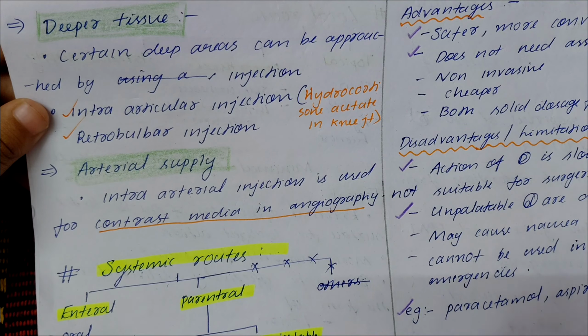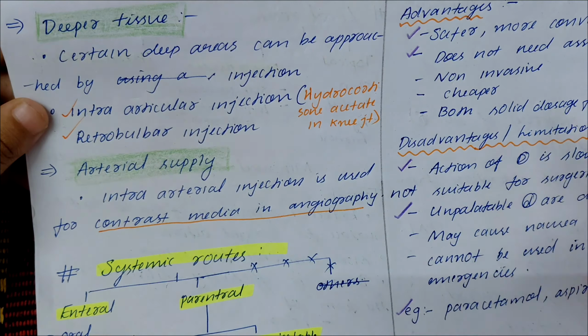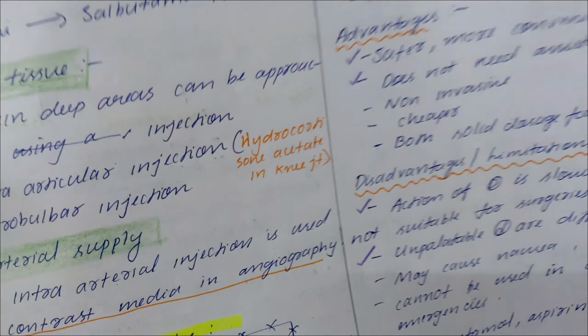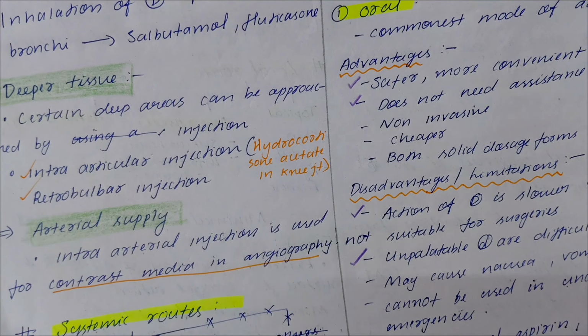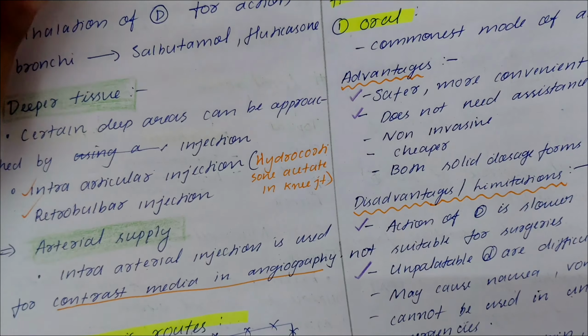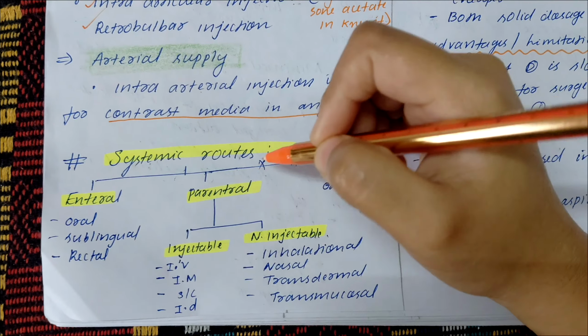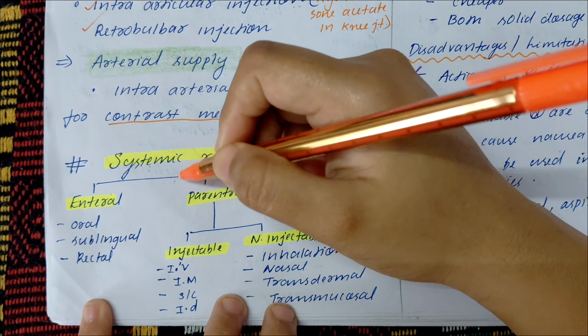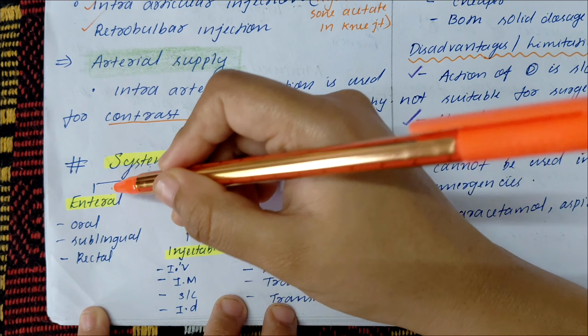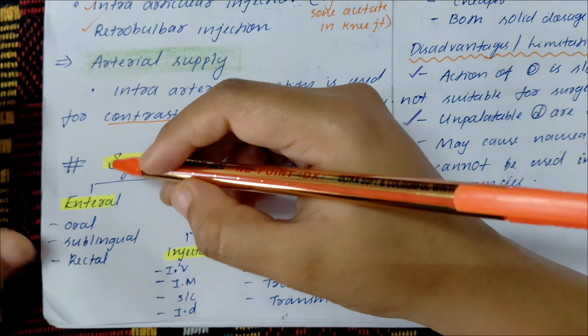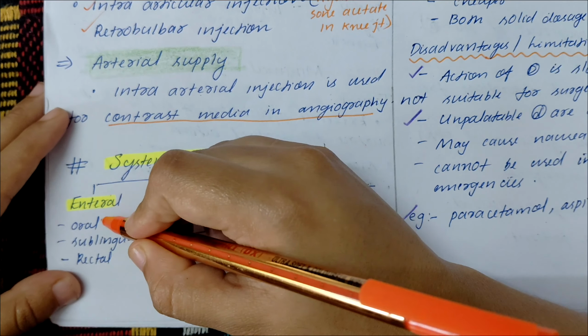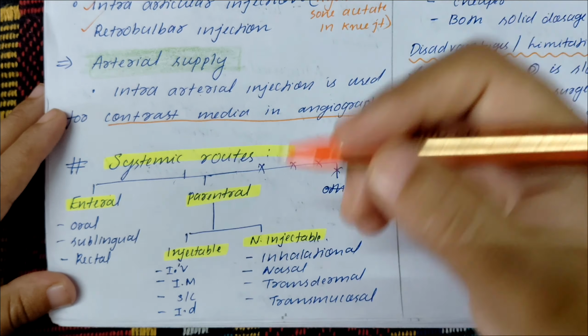Now let's come to the second type of route, which is the systemic route. Systemic route is divided into enteral and parenteral routes. Enteral means it's going into the GIT, the stomach: oral, sublingual or rectal.